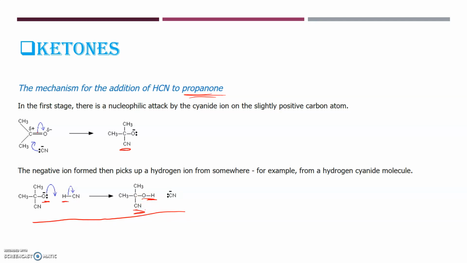So in the first stage, the nucleophile, the cyanide ion, attacked the slightly positive carbon atom. The negative ion formed picks up a hydrogen ion from somewhere, for example, the hydrogen from the HCN molecule, another molecule.